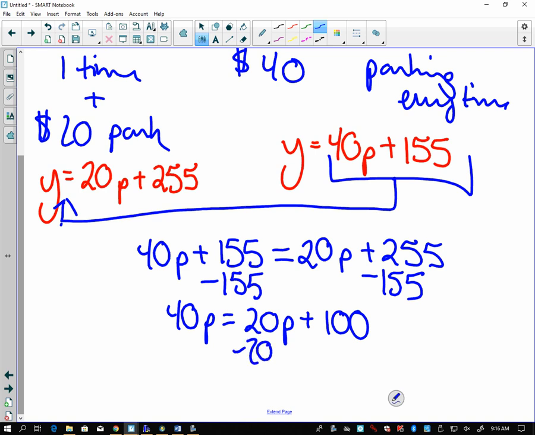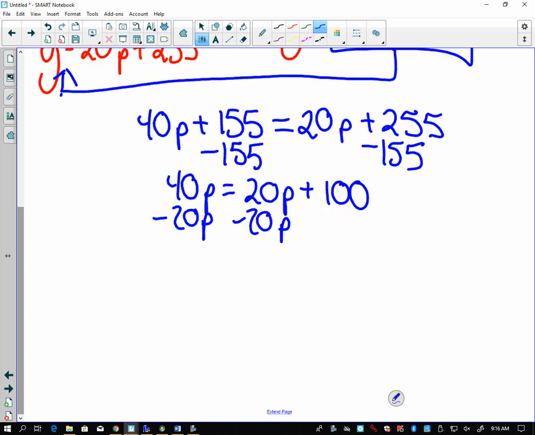Subtract 20p from both sides. Let's get our variables together, right? All right, so what do I have now? 20p equals 100. Now somebody besides Jeremy. Divide by 20, okay?